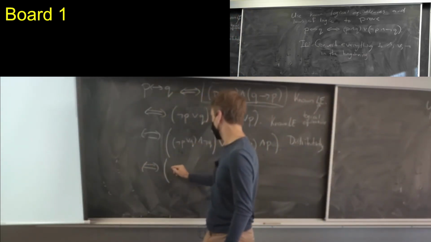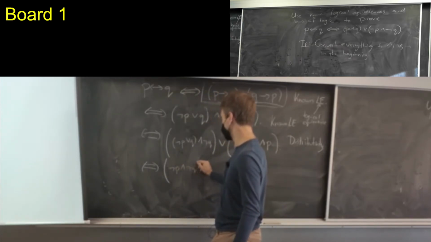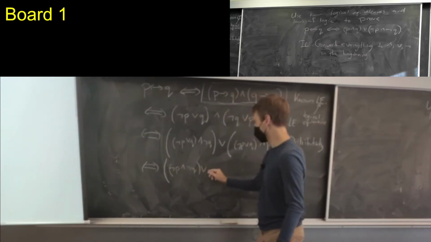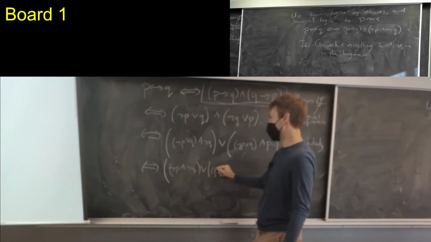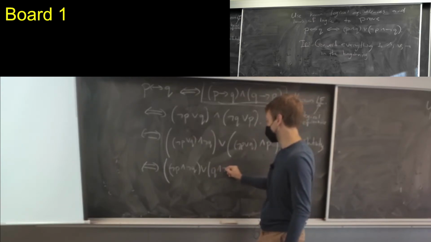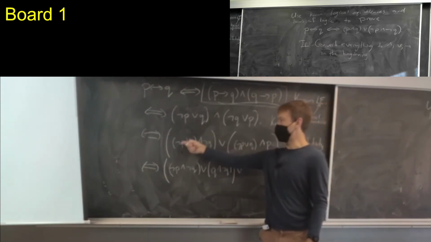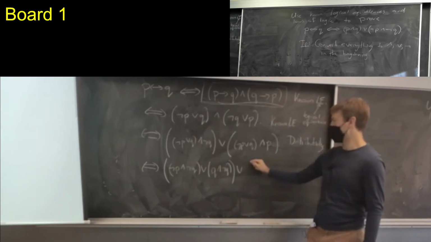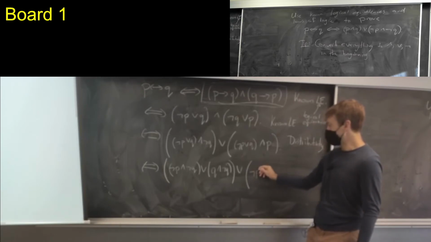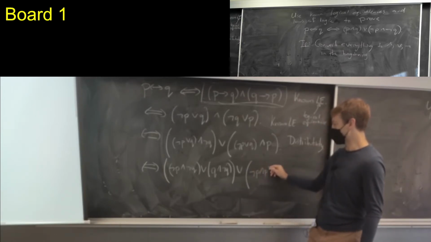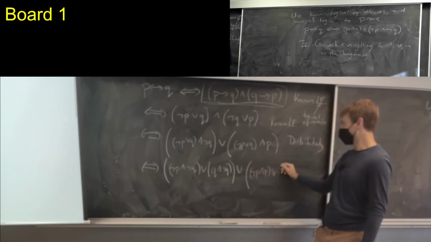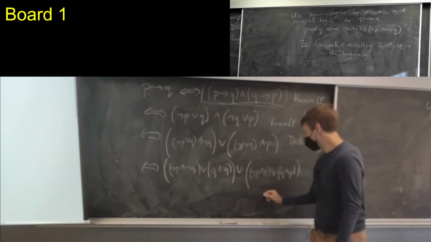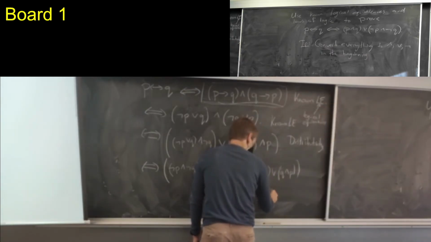So here I'll get not P and not Q, or something weird, which is Q and not Q. For the first one, bringing that inside, applying it to there, applying it to there, again, something weird, not P and P, or Q and P. So my reason for this is distributivity.